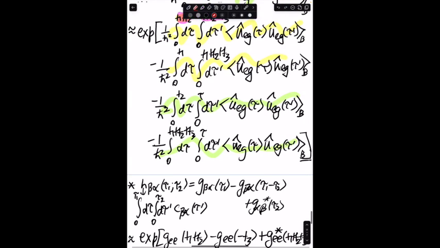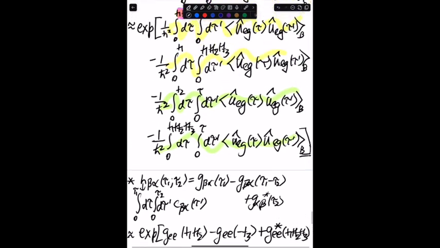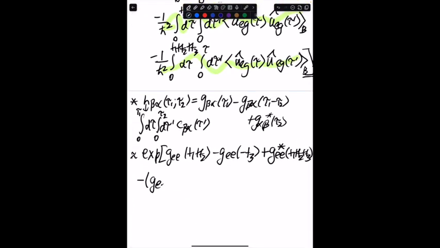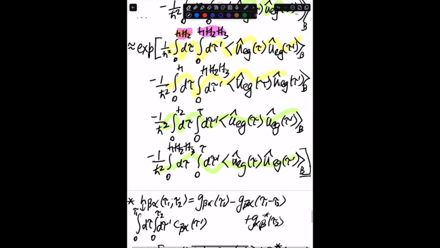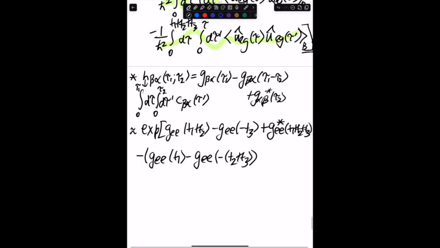Now, the second term would give you a minus, and then you have gee t1 minus gee. You have t1 minus t1 minus t2 minus t3. So you get minus t2 plus t3. Please do the math carefully if you're confused.